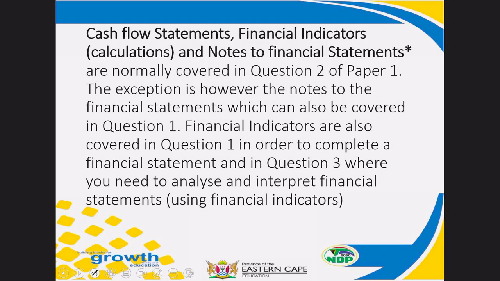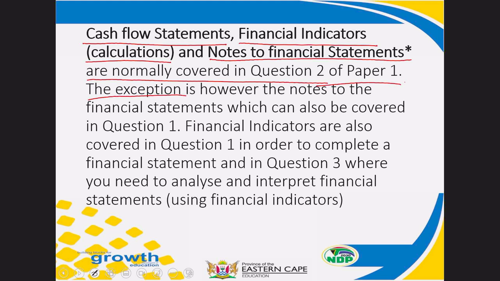Now the cash flow statement, grade 12s, will have the cash flow itself, financial indicators as I said. However, with this one, it will be the calculations to the financial indicators as well as the notes to the financial statement. In question 1, notes are there, financial indicators are there. Also here in question 2, financial indicators are there as well as notes. And then the notes to the financial statements are normally covered in question 2 of paper 1.